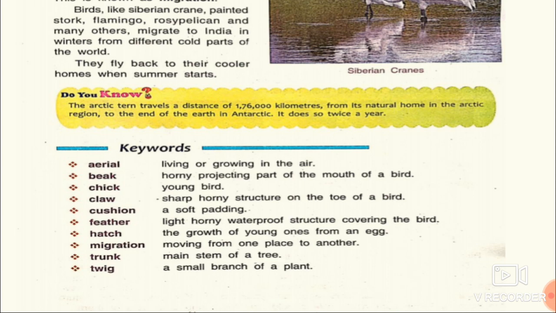A soft padding is known as a cushion. A light, horny, waterproof structure covering the bird is a feather. The process of growth of young ones from an egg is known as hatch. Moving from one place to another is migration. The main stem of a tree is the trunk. A small branch of a plant is known as a twig.